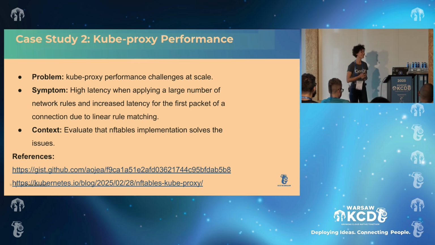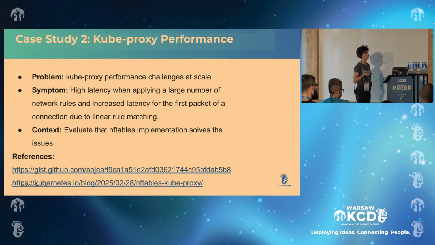Okay, so another real-world example is kube-proxy performance. kube-proxy is an on-node controller which is responsible for programming the data path in Kubernetes, and mostly is responsible for creating the rules for service to pod discovery. Previously kube-proxy was used with iptables. iptables were used to create those routing rules.